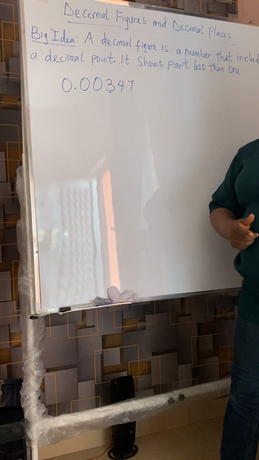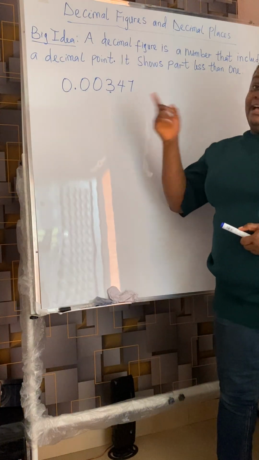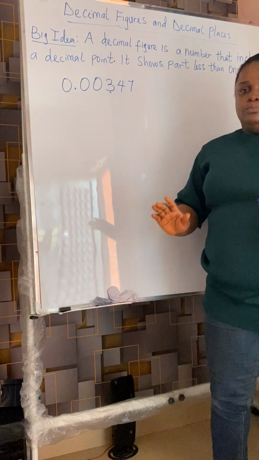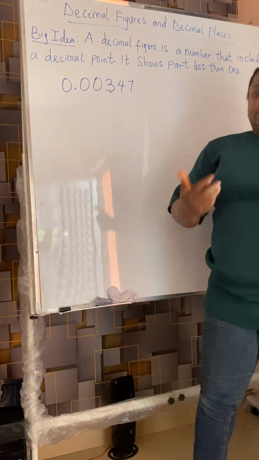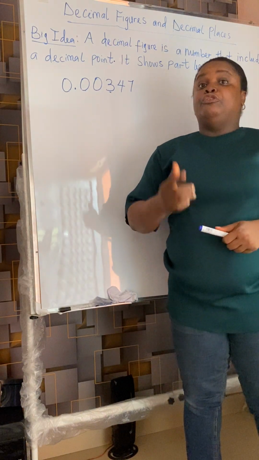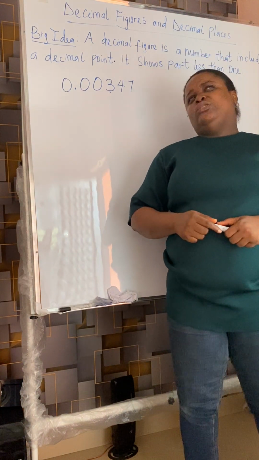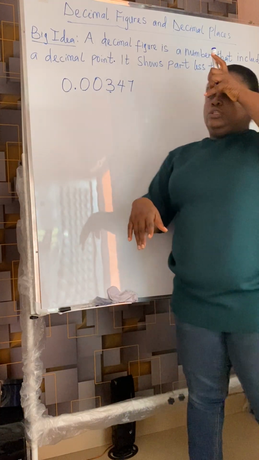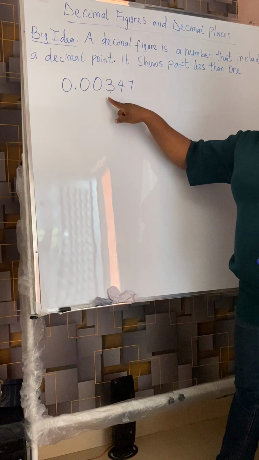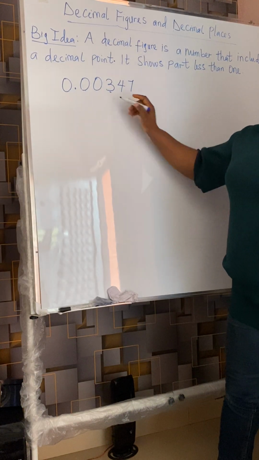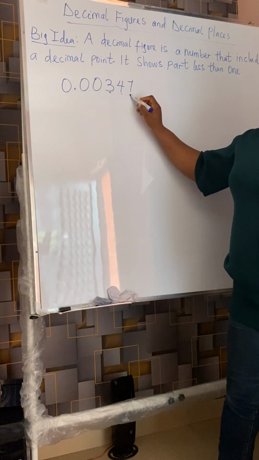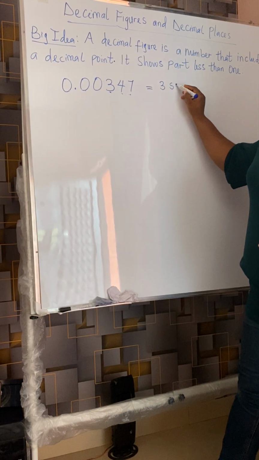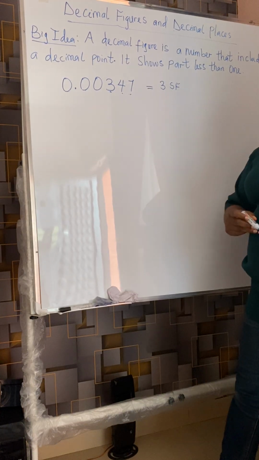So if you're asked how many significant figures are in 0.00347, it's very simple. Know that a significant figure begins where you have your first non-zero, and a non-zero is 1, 2, 3, 4, 5, 6, 7, 8, 9. The first non-zero is at this third position. 1, 2, 3. So we have 3 significant figures here, 3 SF.